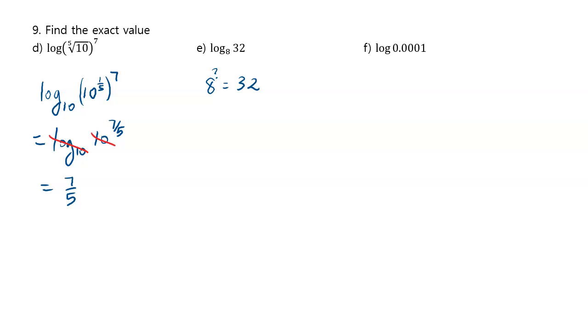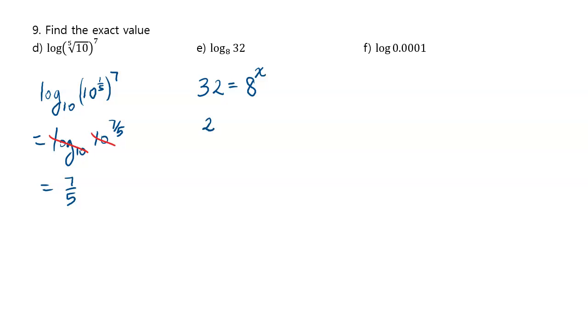Okay, so approach 1 would be actually doing this. Just put an x here. So think about this question. I need to write 32 as 8 to some power, okay? And I don't know what that is, so I'm going to put it as x. Okay, then I see that both 32 and 8 are powers of 2.